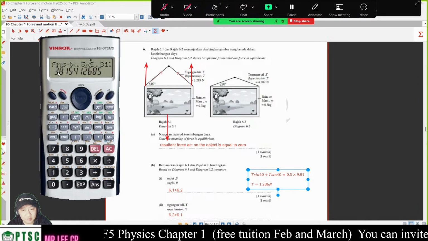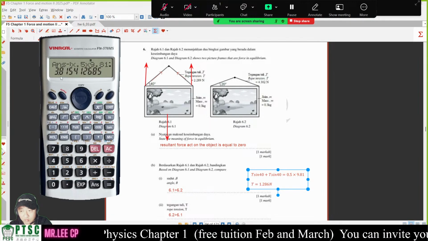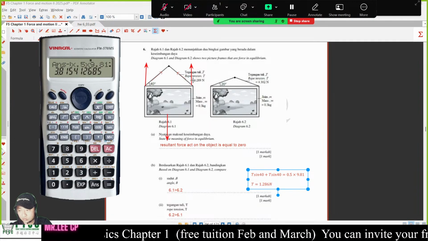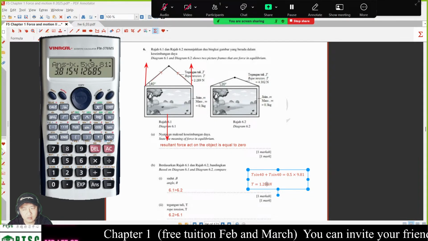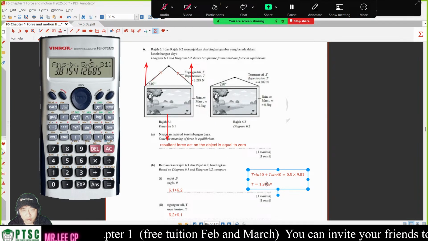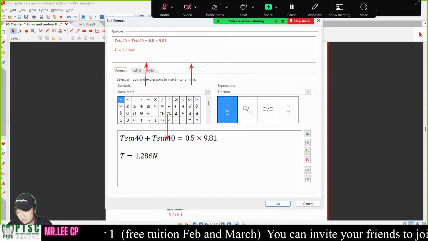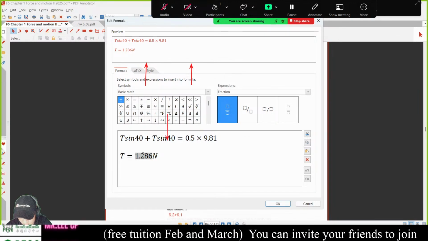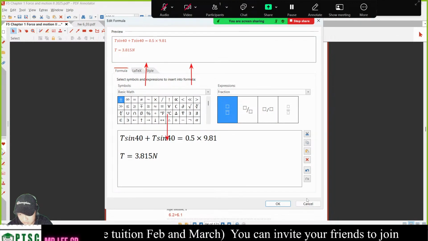I pressed wrong just now. 3.81, so more than this. Should be more, cannot be less. 3.815 Newton.